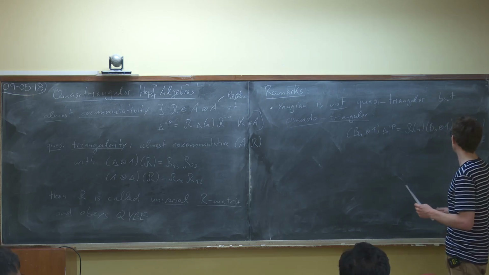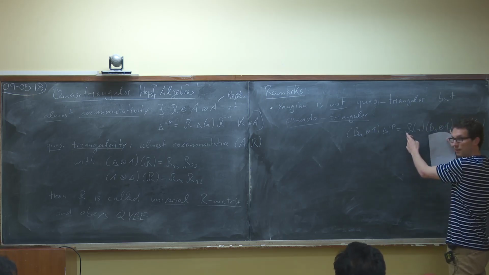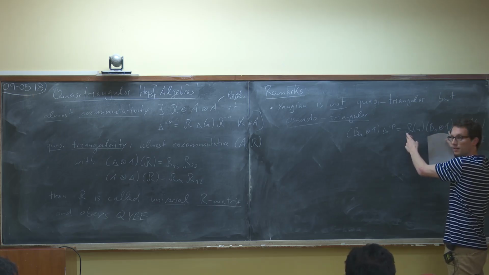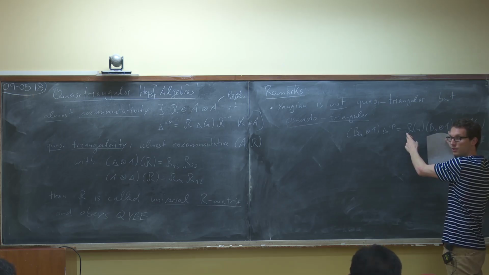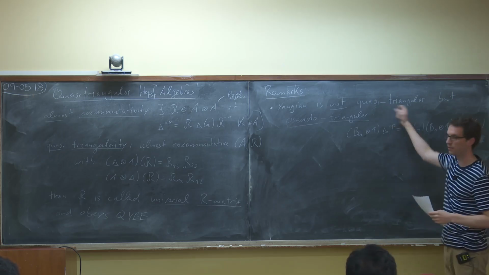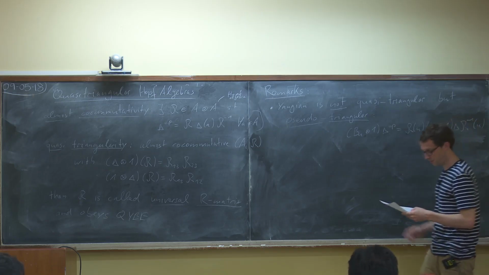And the point is that I cannot just take this whole thing as my R matrix, because this does not live in the Yangian tensor product. It's only this thing. And this is why it's, strictly speaking, not a quasi-triangular Hopf algebra.